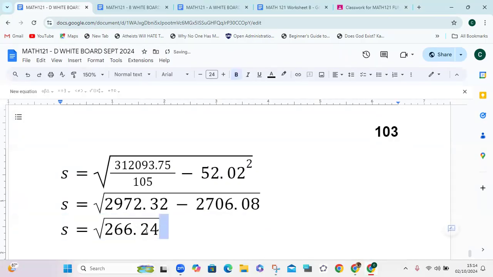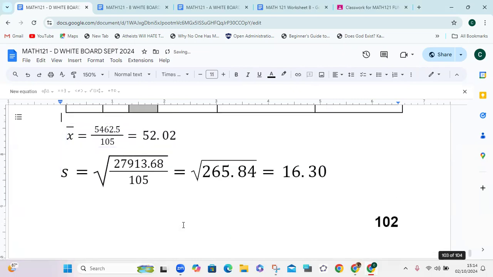And then we have to square root this to get the standard deviation using method 2. 16.31. And as you can see, it is quite similar to method 1. Method 1, we got 16.3. Method 2, we got 16.31.